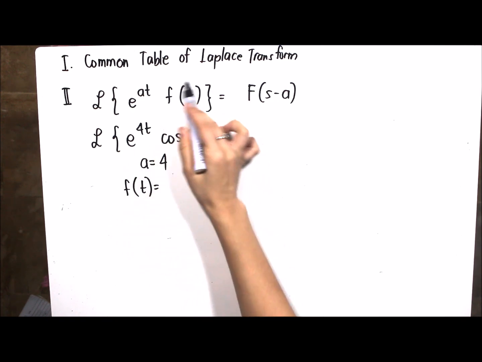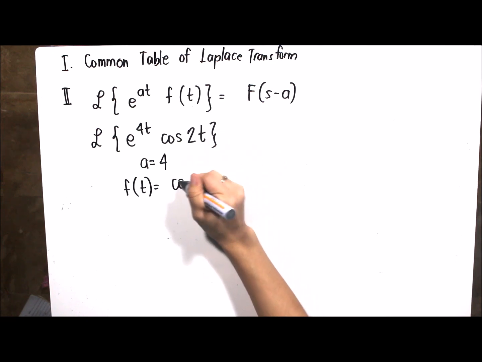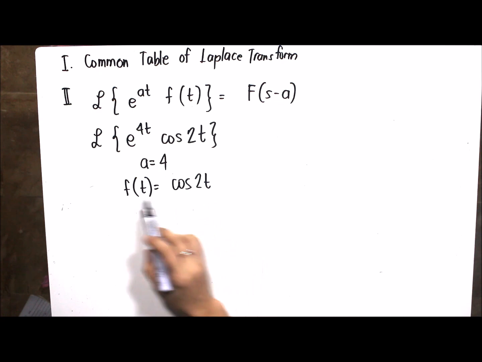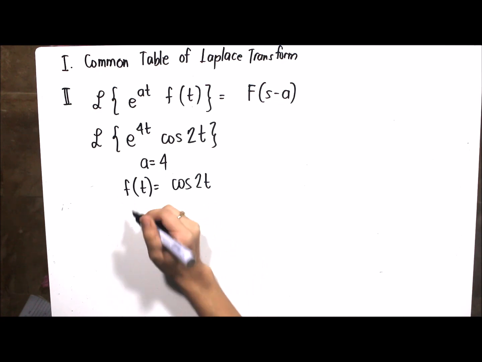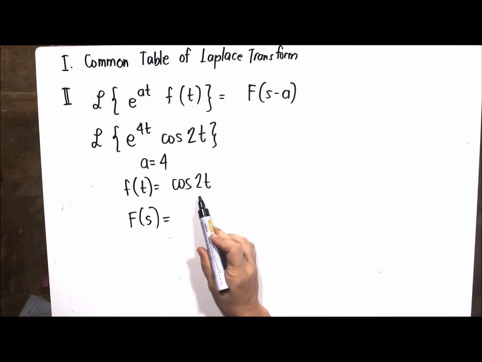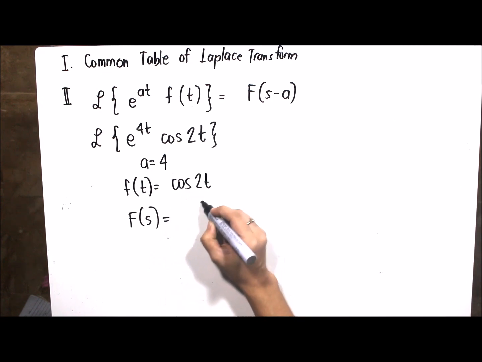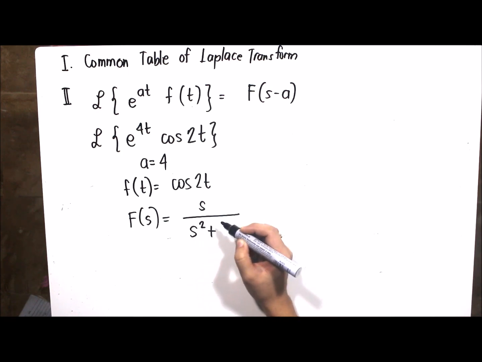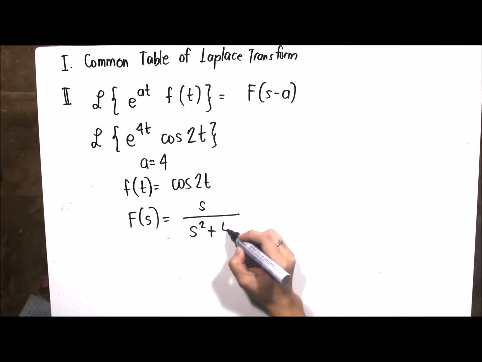Based on this formula, f of t is cosine 2t. And then simply take the Laplace transform of cosine 2t for us to arrive at the Laplace transform of f of t, which is F of s. So, Laplace transform natin for cosine 2t is s over s squared plus k squared. So, we have s over s squared plus 2 squared.